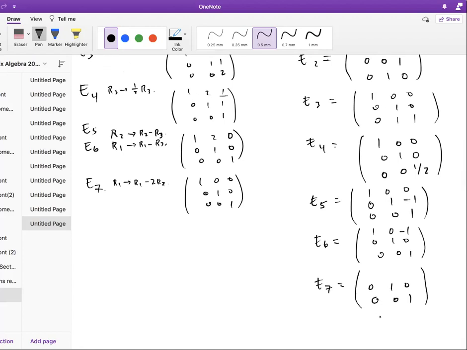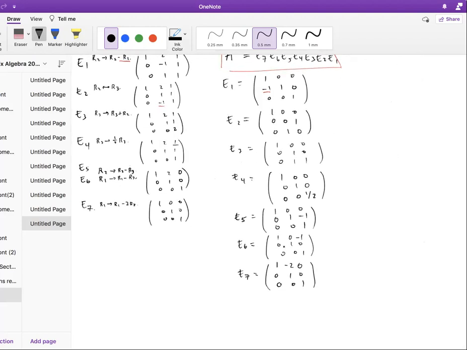So let's do E7. So I want a 1, right? I want a 1 here. But this gets the -2, and then a 0. So I still want a row 1 contribution.